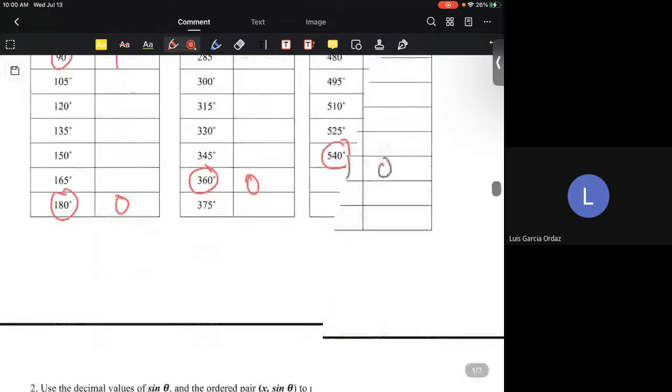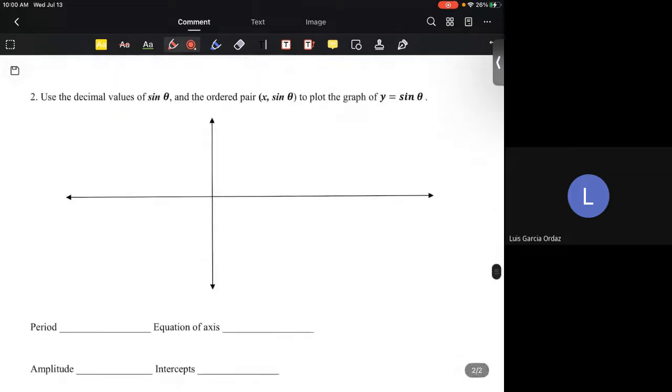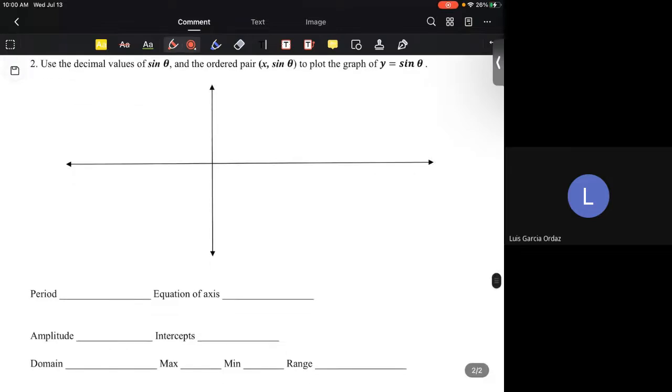So if we go down to our next page, we are going to graph the sine function. Again, we're starting at 0, 90 degrees, 180, 270, 360, 450, and 540. So we have 1 as our maximum and -1 as our minimum.